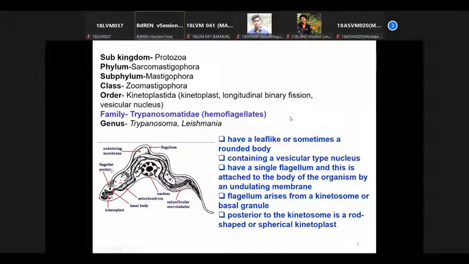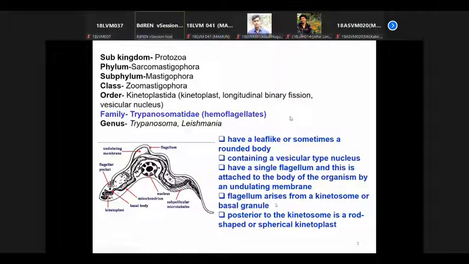On the left side, the red arrow indicates the flagellum and the undulating membrane. That's a fold, just a fold.